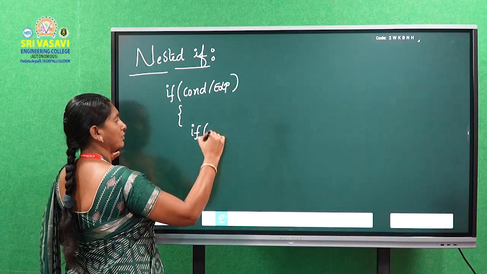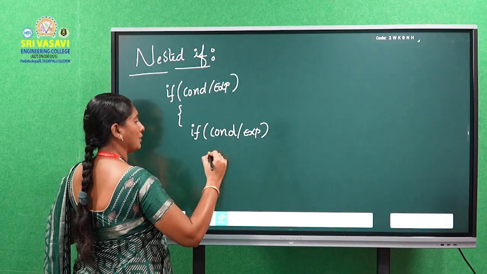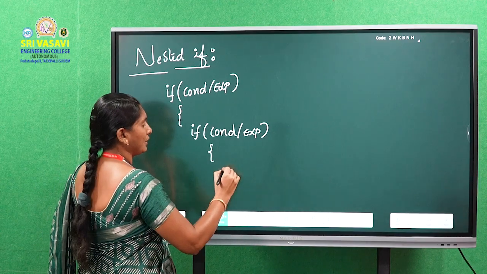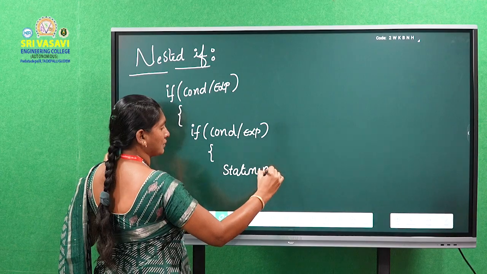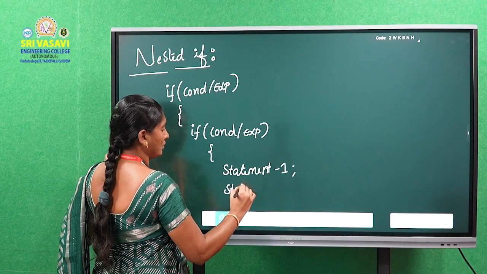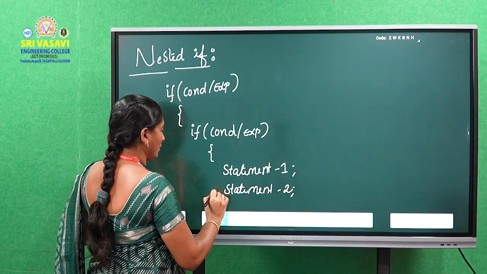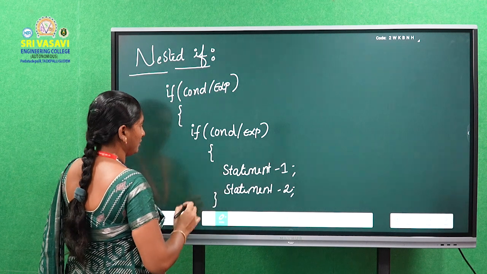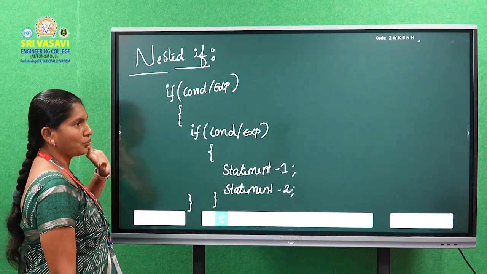Again the procedure is the same: you have to write a condition or expression, and here you will execute some set of statements. Let us suppose here I am having two statements. Here I am ending this inner if, and here I am ending this outer if.